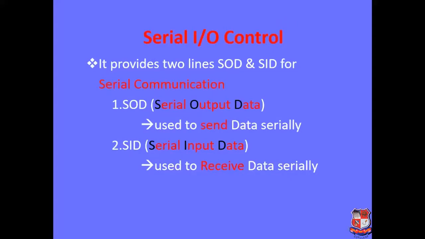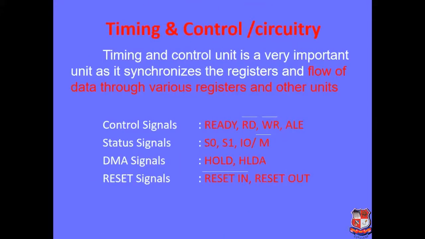Next unit is serial IO control port. It provides two lines, serial output data and serial input data for serial communication. Serial output data line is used to send data serially, whereas serial input data line is used to receive data serially. Timing and control unit or circuitry.